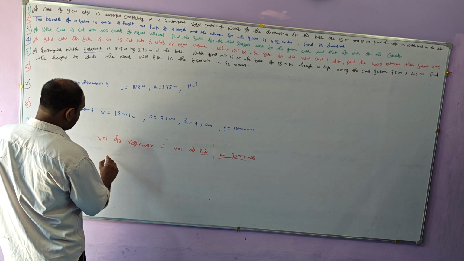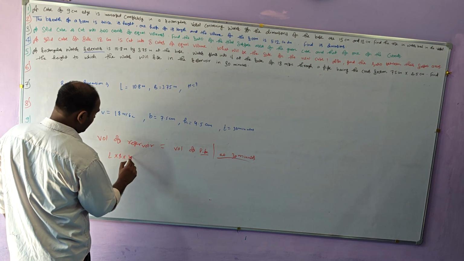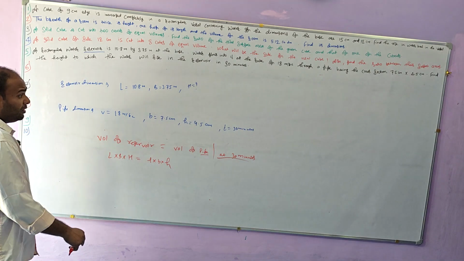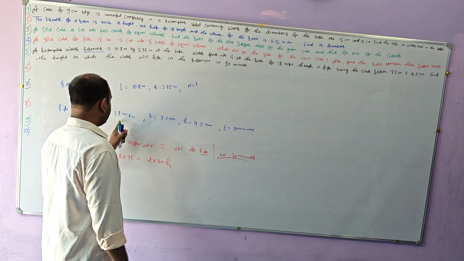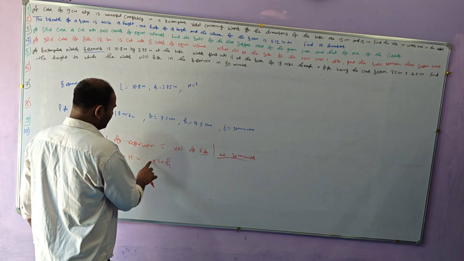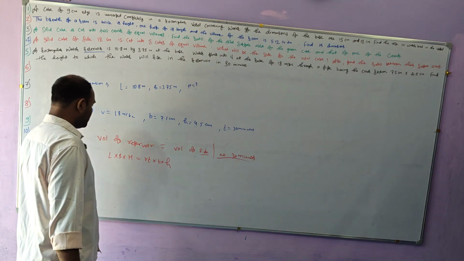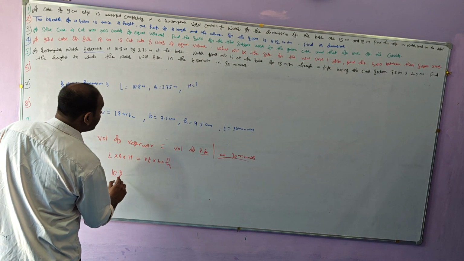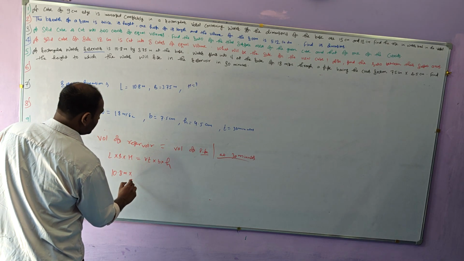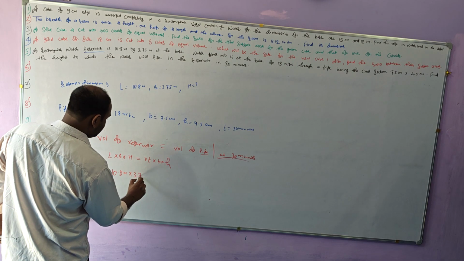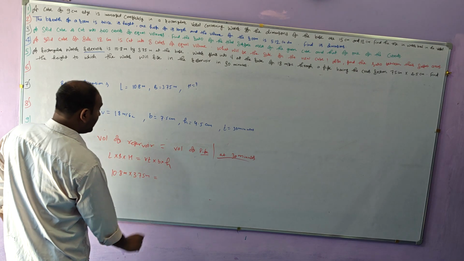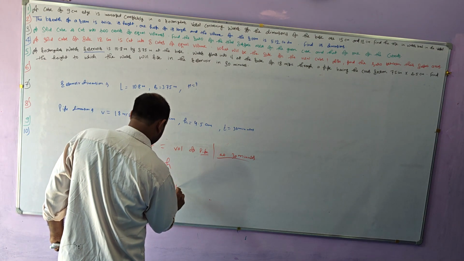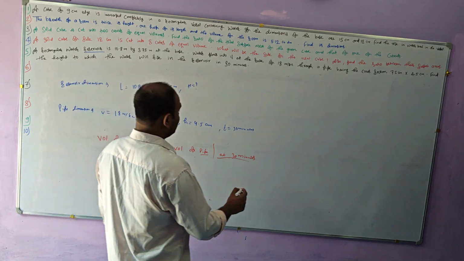So we know L into B into H is equal to L into B into H, and we have L, Vt is given, so we directly put Vt, and we have a dimension 10.8 meter into 3.75 meter, and Vt is equal to 18 meter per second into t is equal to 30 minutes.